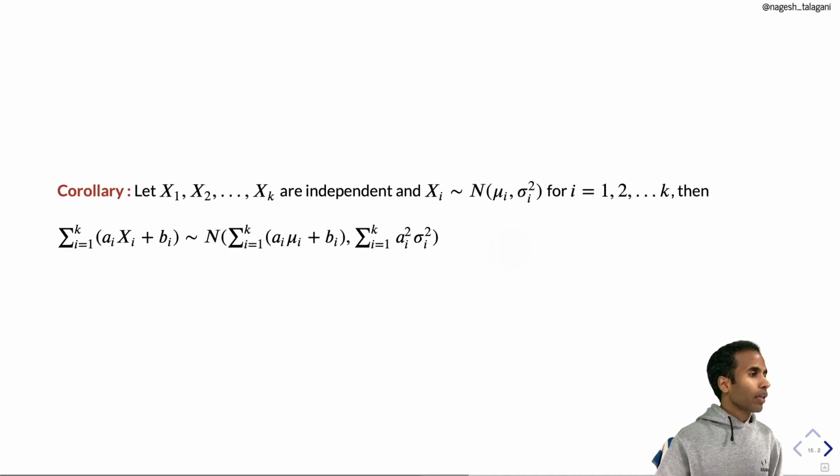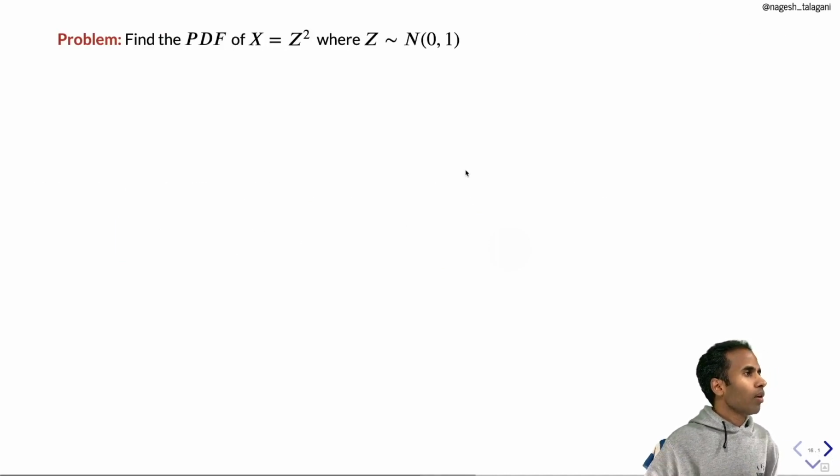Okay, next. Now let us see what the probability distribution of the square of a standard normal random variable should be. Here is a problem. Find the PDF of X, which is Z square, where Z is a standard normal random variable.